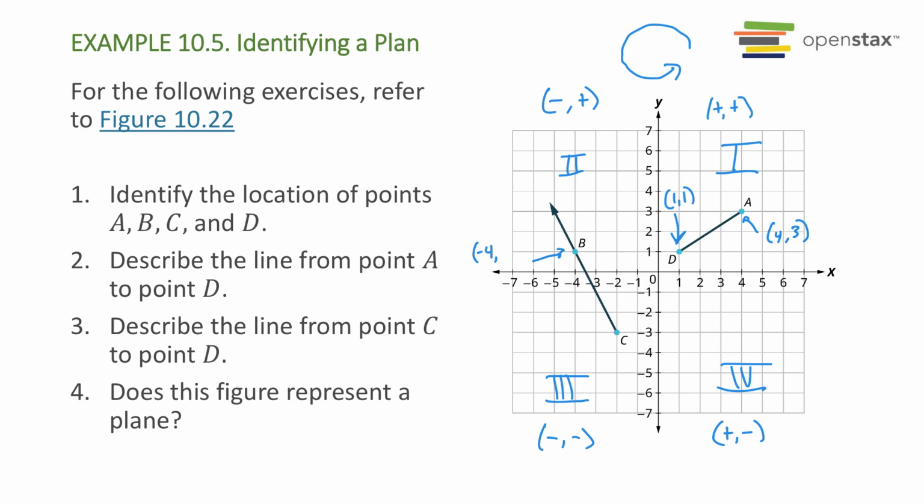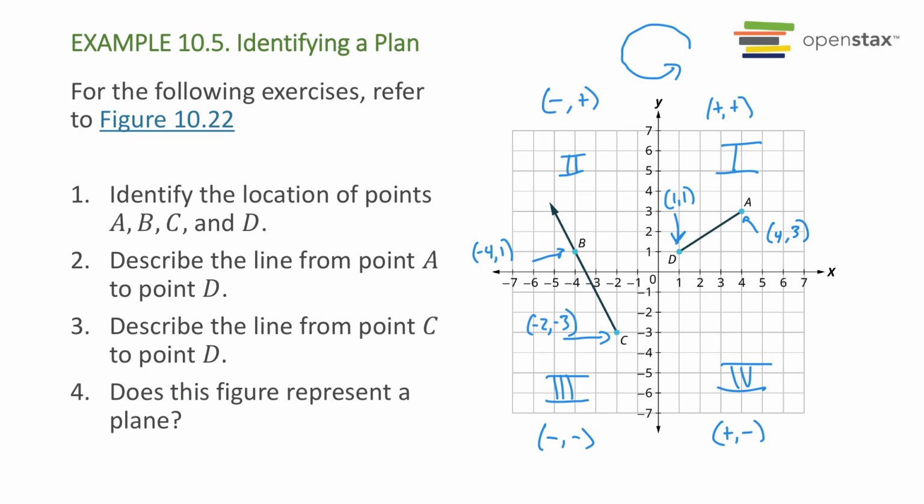It's negative 4, and its Y value is 1 because it went up 1 in the Y direction. And then over here at C, it went left 2, so it's minus 2. And then it went down 3, so minus 3.